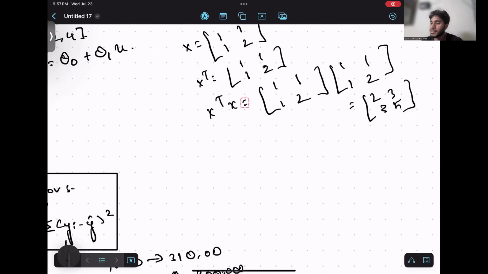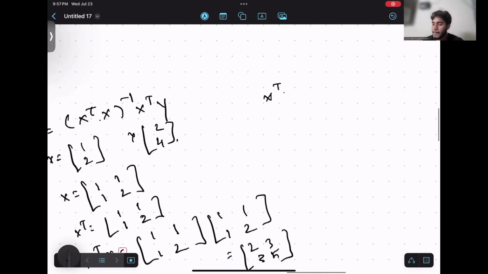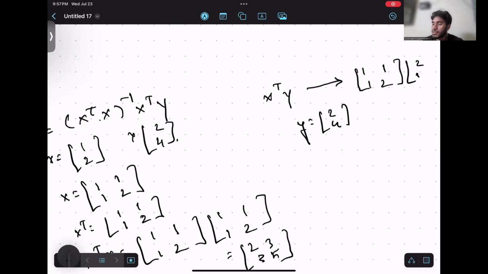Now let's compute X^T into y. Since we already know y is equal to 2, 4, this should be equal to 1, 1, 1, 2 into 2, 4, which will be 6, 10. Okay.